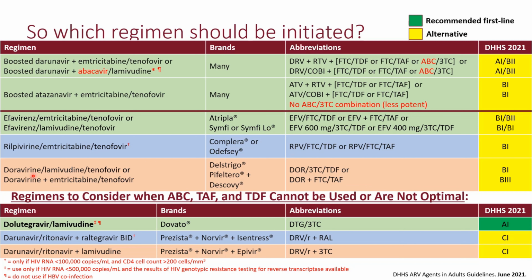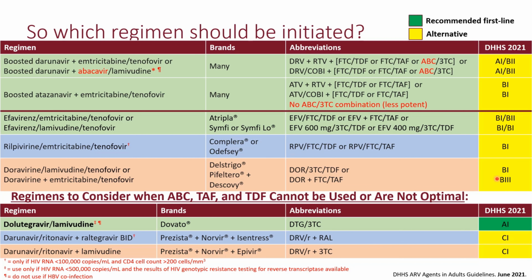It's considered alternative. And more recently, we have a new non-nuke, doravirine, that has come to the market in the past couple of years. It's available as a single tablet regimen with lamivudine and tenofovir. It's also available as a single agent, so you can combine it with any backbone that you want.